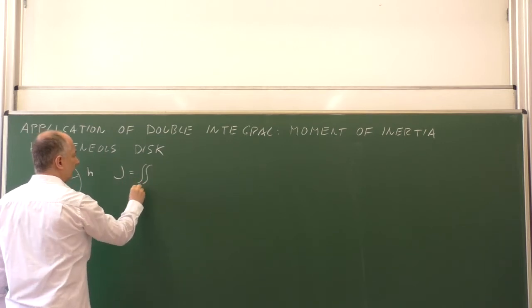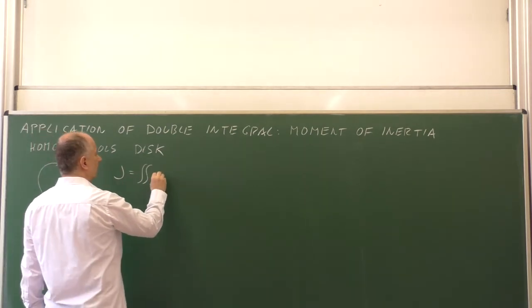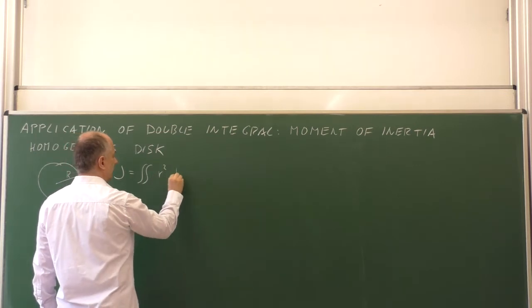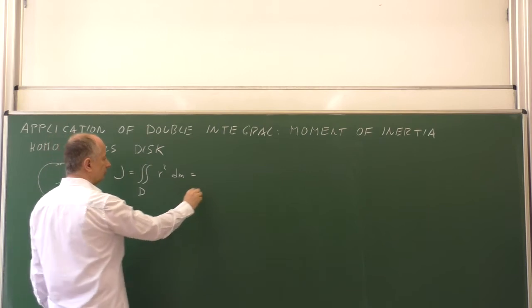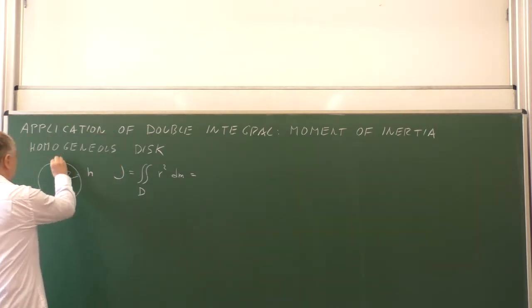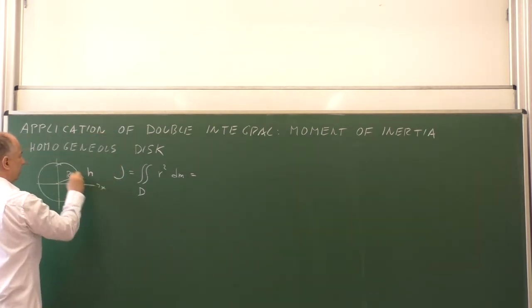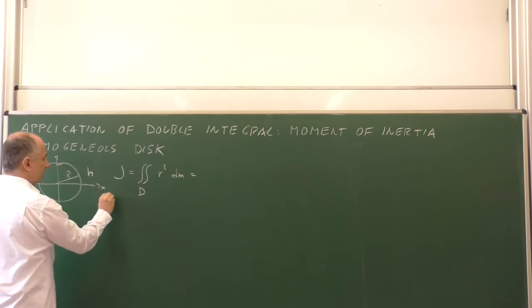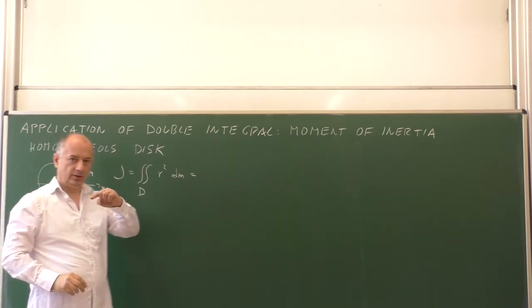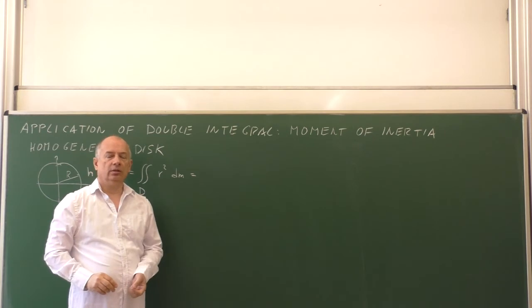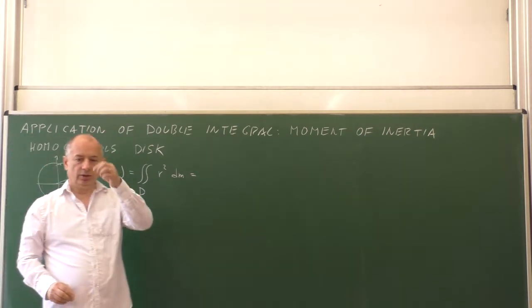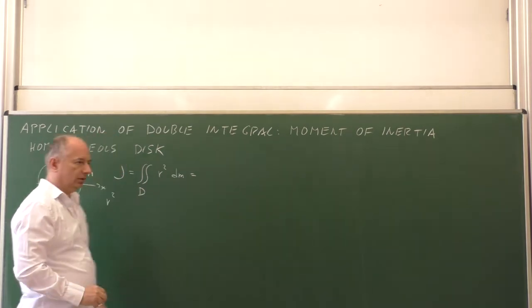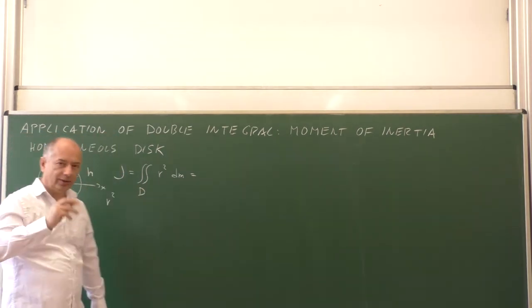So it will be the double integral of r squared dm over the whole disk, where if we introduce the xy coordinate system, then r squared is the square of the distance from the axis of rotation, assuming it rotates around its center.